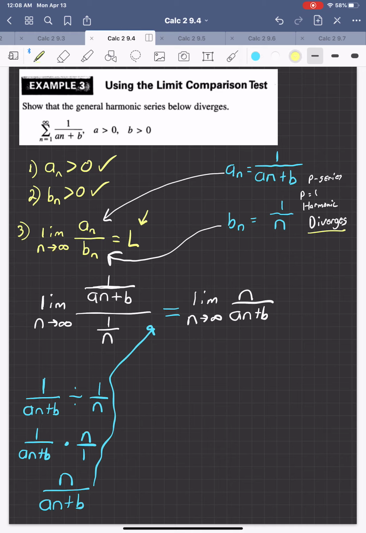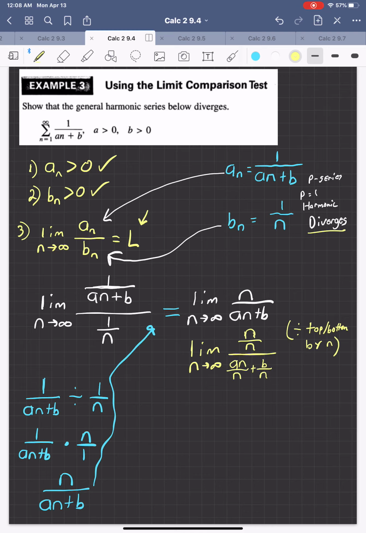So let me rewrite that so you'll see it. I've got the limit as n goes to infinity, and I'm going to divide the numerator and the denominator by n. Let's see what that looks like. Let's start with the numerator. If I divide the numerator by n, it's n over n, and that means I would also have to divide the denominator by n.